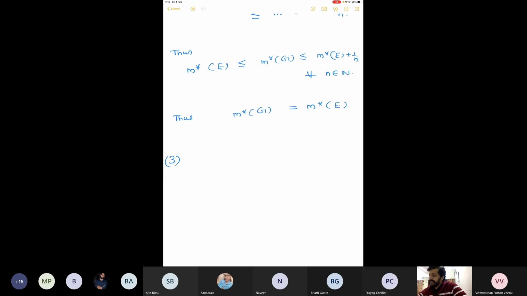Next problem is interesting. While defining Lebesgue outer measure, we took open intervals in the definition. And this problem says that, in fact, you can take any type of intervals, need not be open.